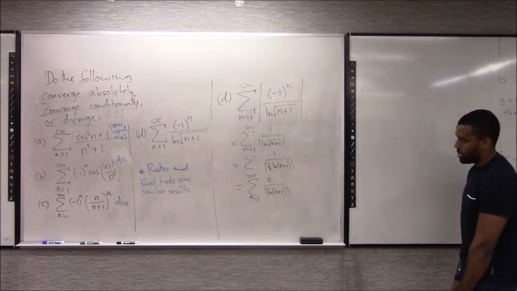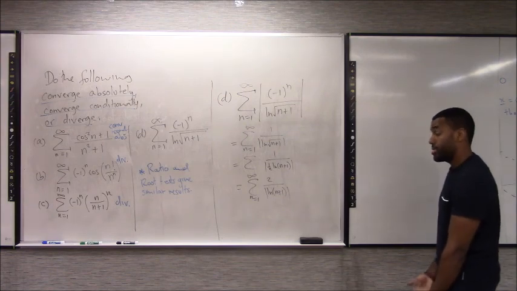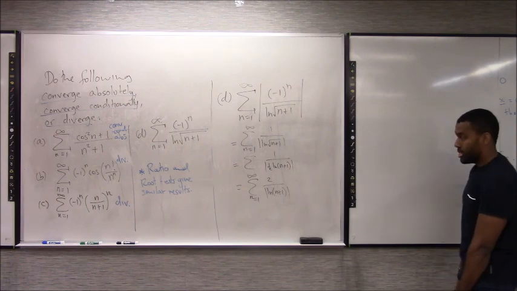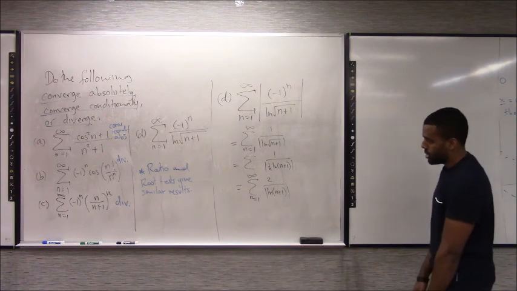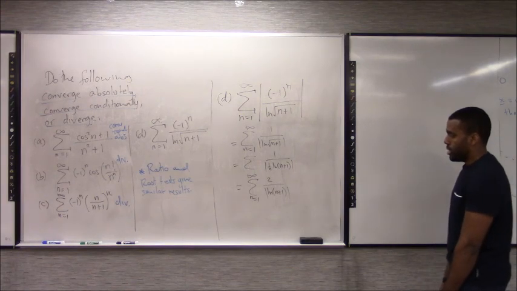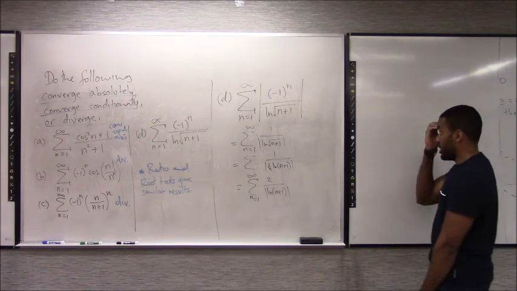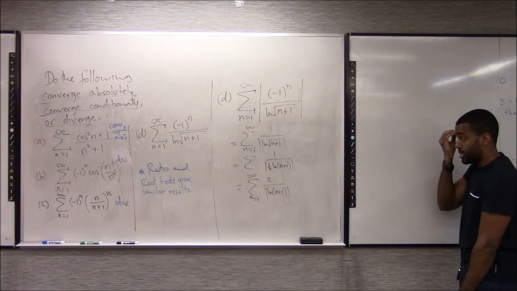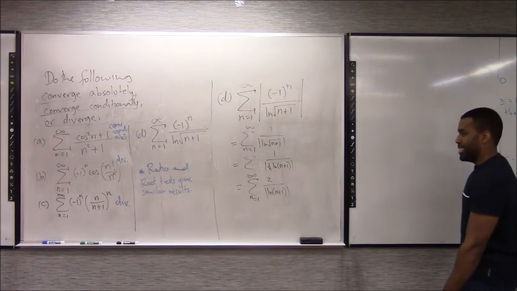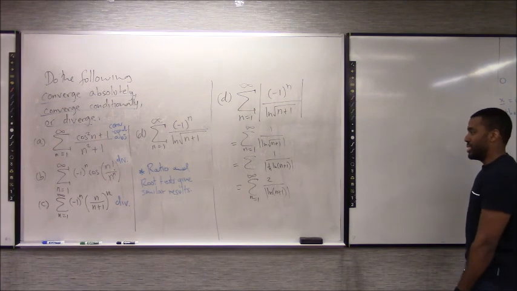One thing you'll also notice, that guy doesn't look nice. It's not something I can integrate easily, so I wouldn't use the integral test. It's not geometric, can't use the geometric series test. It's not a p-series. Alternating series test doesn't apply because I'm not changing signs. What other tests are there out there? By comparison.